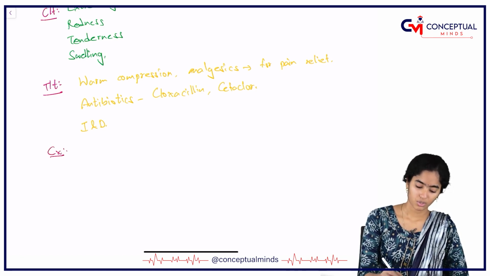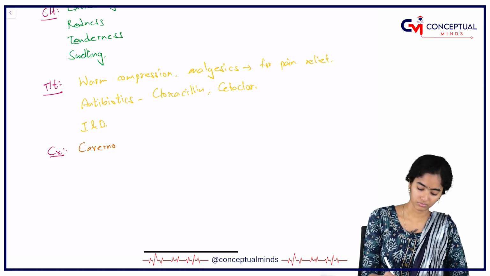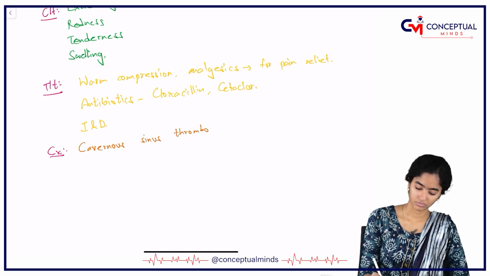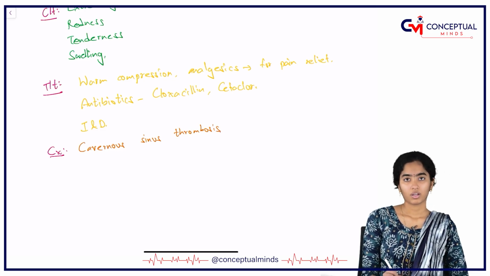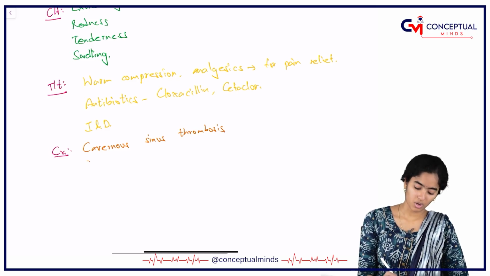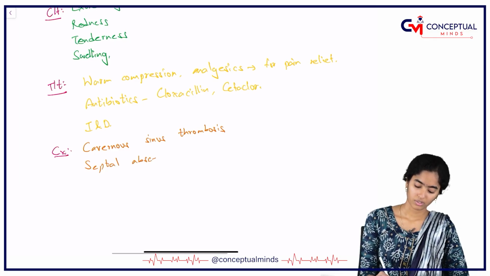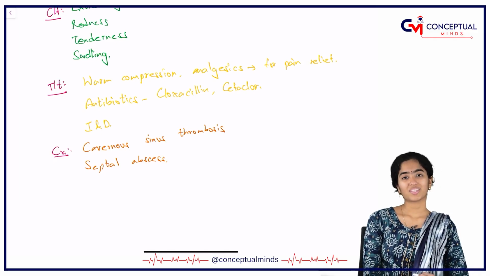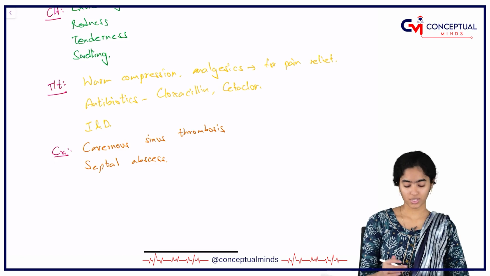Cavernous sinus thrombosis. It can sometimes complicate into a septal abscess also. If it's arising from the medial wall, it can later become a septal abscess. So this is all about furunculosis.